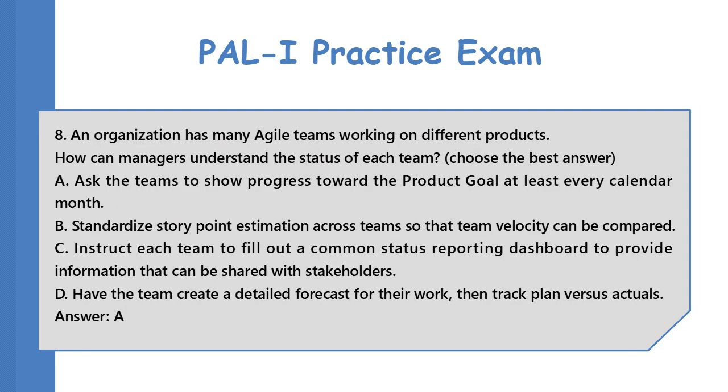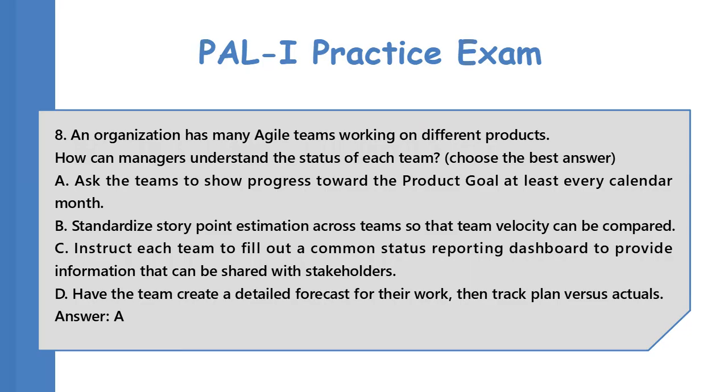8. An organization has many agile teams working on different products. How can managers understand the status of each team? Choose the best answer. A. Ask the teams to show progress toward the product goal at least every calendar month.